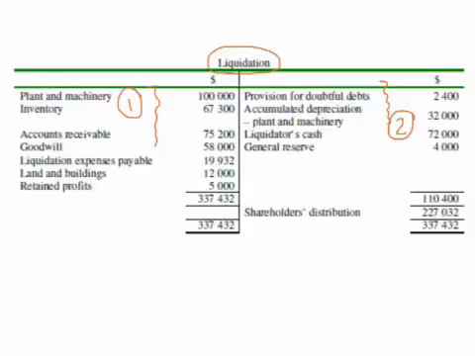But in general terms, on the credit side of this account, we record the proceeds from realizing any assets in the company being liquidated.